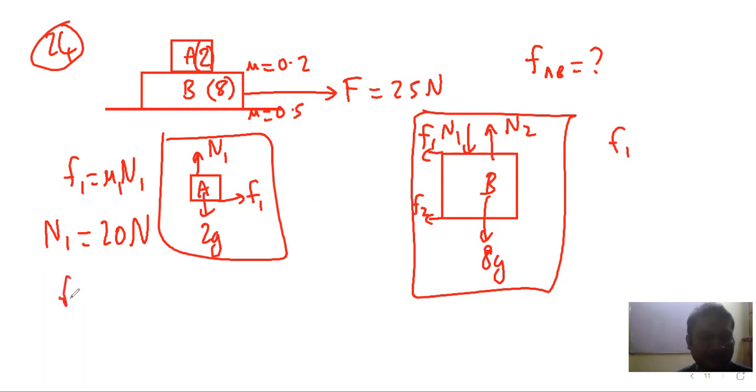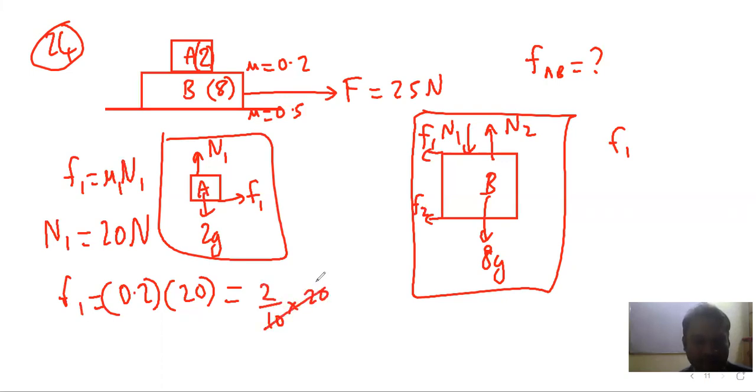So F1 will be mu1 into N1, which is 0.2 into 20, which is 2 by 10 into 20. So this comes out to be 4 Newton.